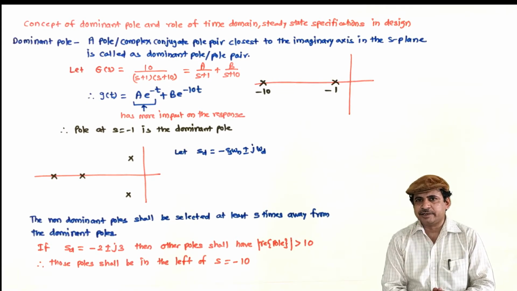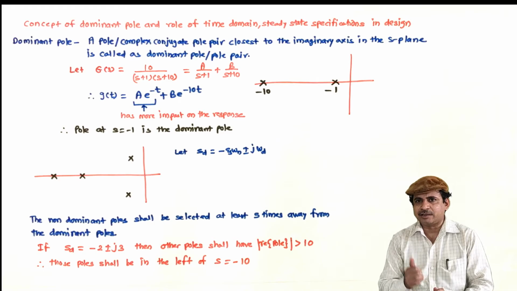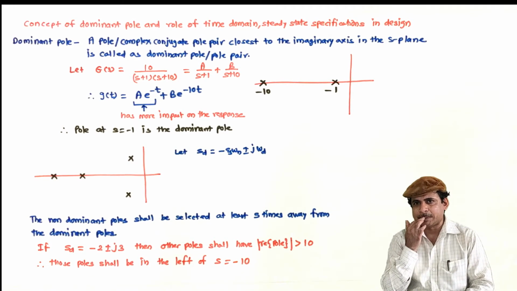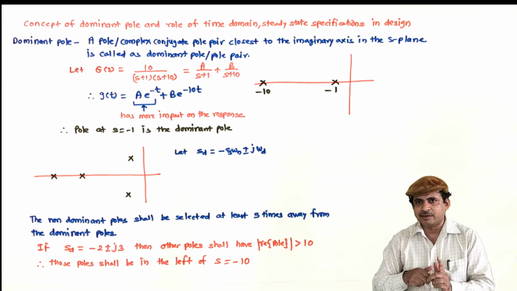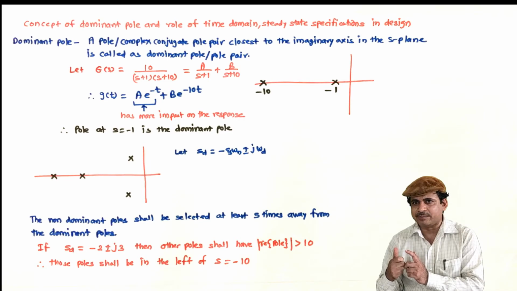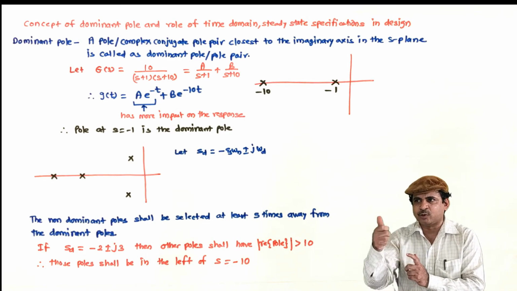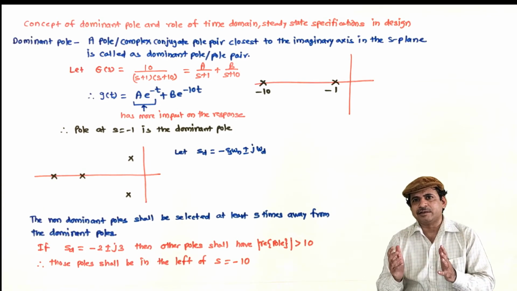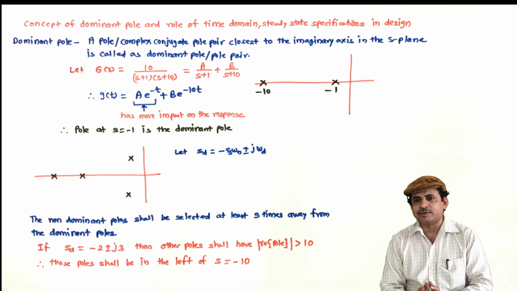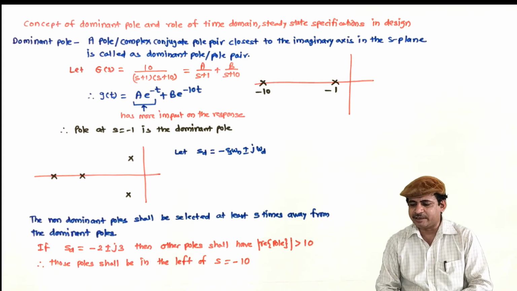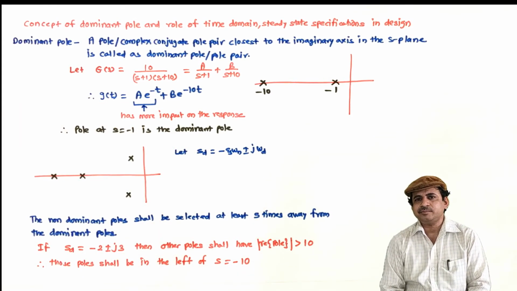If you take a system with two dominant poles and plot its step response in the MATLAB, and then you take another system with same dominant poles and additional two poles at least 5 times away in the left half of S plane, and then overlap the step response of this system over the earlier one, you will see that they are almost the same, because the dynamics of the system is mostly decided by the dominant pole.